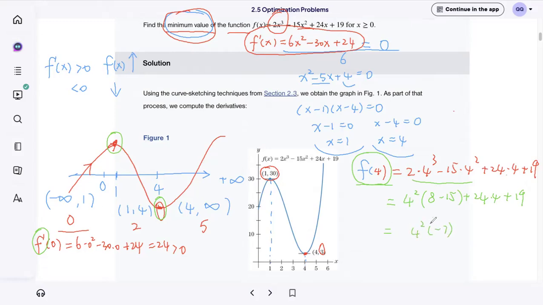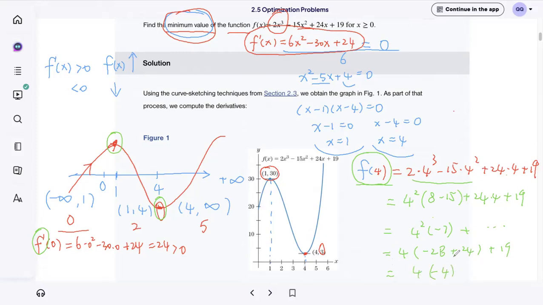So I have 4 squared times negative 7 plus this 24 times 4. Then I can factor out 4 times negative 28 plus 24, then plus 19. Again, you can use a calculator, because I'm doing it by hand. So negative 28 plus 24, that's negative 4.